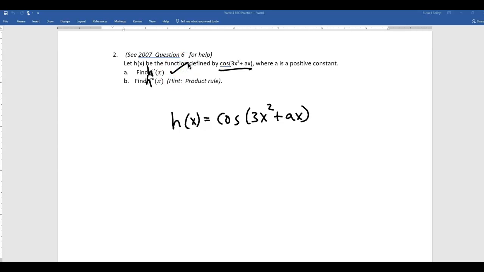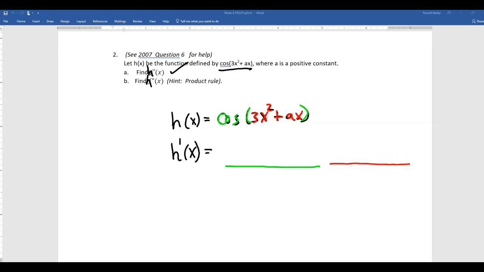So right now, that's just going to be a chain rule. We have the outside, and then we have the inside. Okay, so if I wanted to find h prime, we're going to do the derivative of the outside times the derivative of the inside.